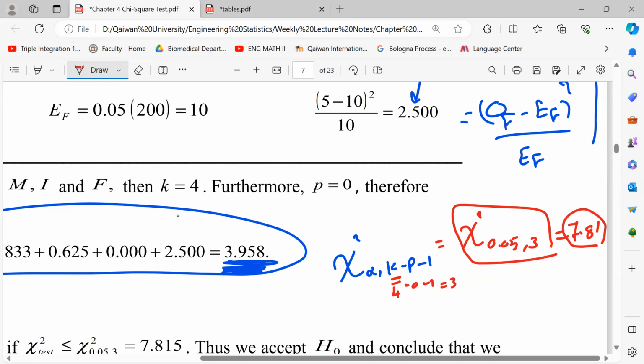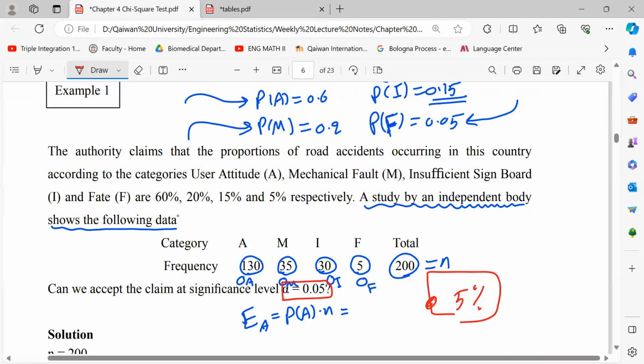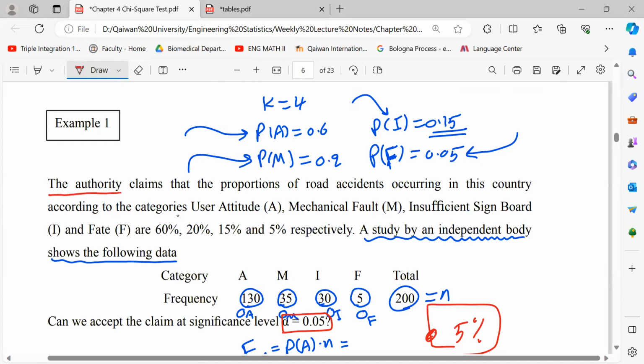What was H0? Let's read the question carefully. It says the authority claims that the proportions of road accidents occurring in this country are according to these categories. That means all the accidents are because of one of these things.